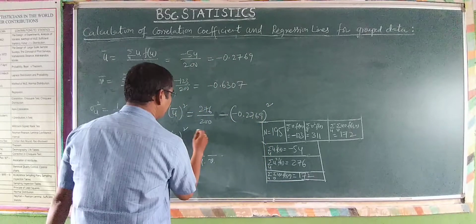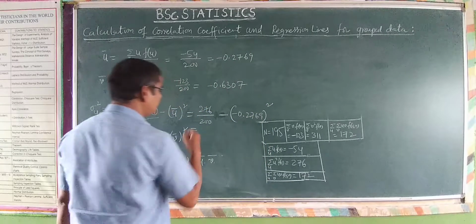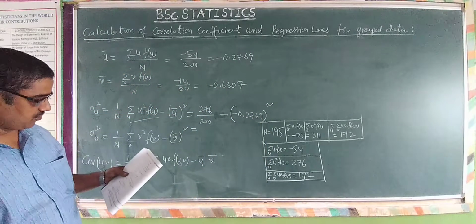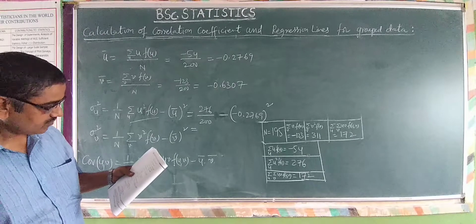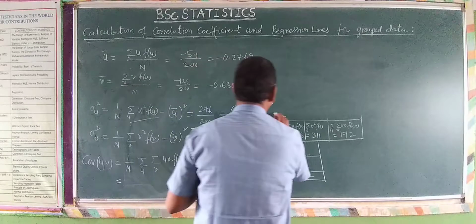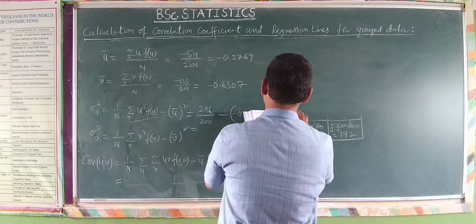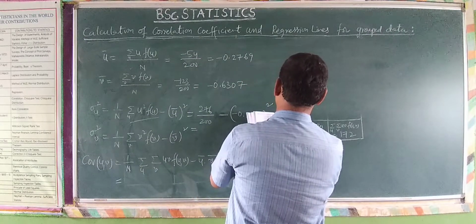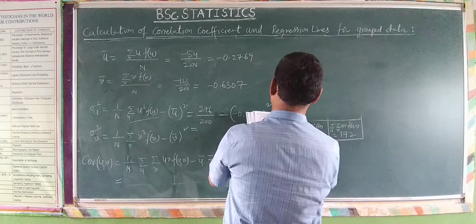So I write the value here: sigma square u is equal to 1.37.